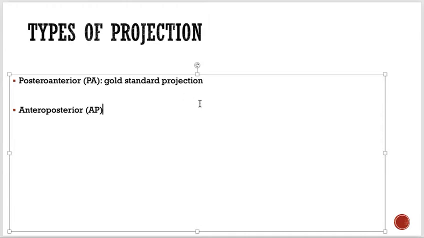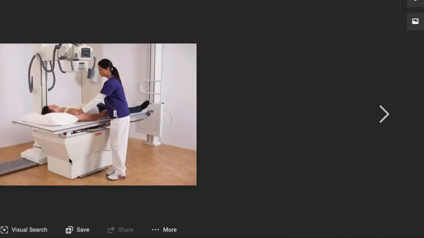In this one the X-ray tube is in front of the patient and the film is on the back. Now there are many other projections which are used. For example, supine. Supine means the patient is lying on their back. For example, this one is a supine X-ray.